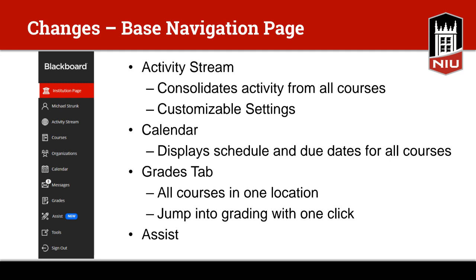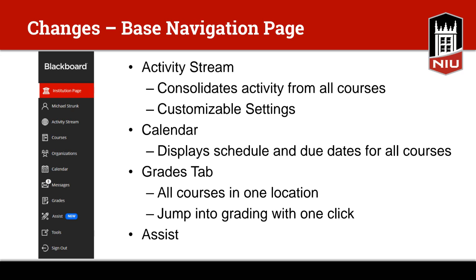And also this grades tab. This is a feature that is handy, but it kind of depends on how you use it. What it does again, and this is the idea behind this base navigation page in general, is the grades tab has this overall view, right? The consolidated view of all of your courses in one location.